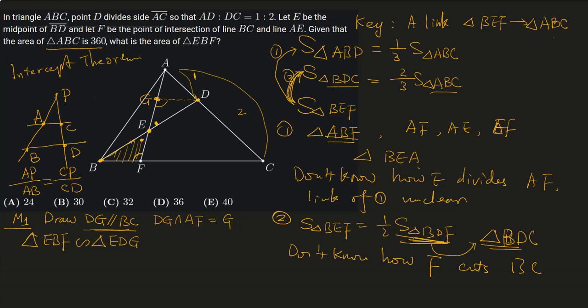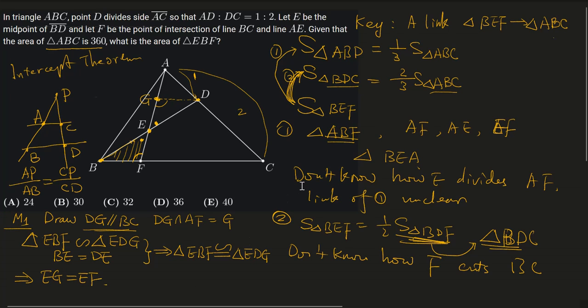So these two triangles are similar, and what's more, one pair of their corresponding sides are equal, which is BE equals DE. If we combine these two facts, we have that triangle EBF is not only similar but congruent to triangle EDG. We know that EG equals EF.